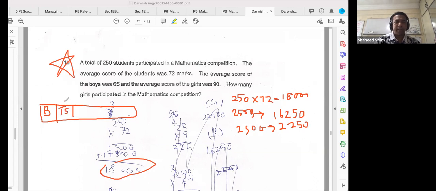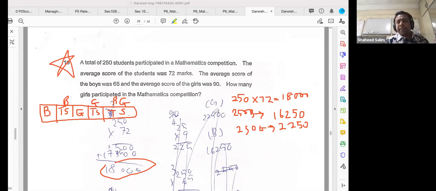Boys total score, BTS. Girls total score. And then this is your total score of boys and girls. So you can use this method, because the other method they're going to show is going to be a mixture of algebra.